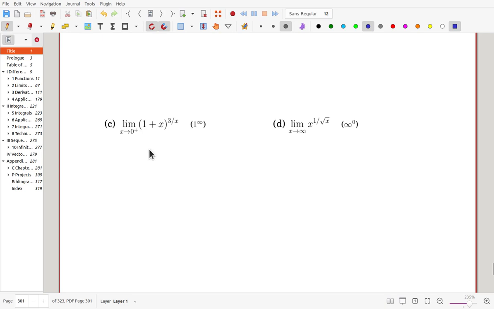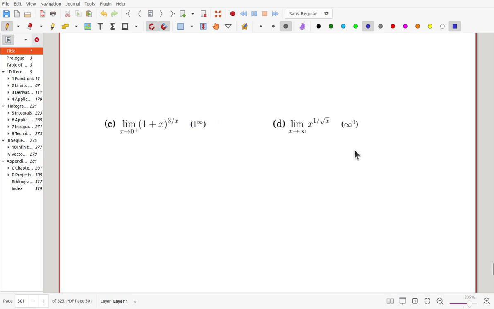Okay, now here x is approaching 0 from the right, then this term is approaching 1, and now 3 over x will approach infinity. So this given limit has shape 1 to the infinity.